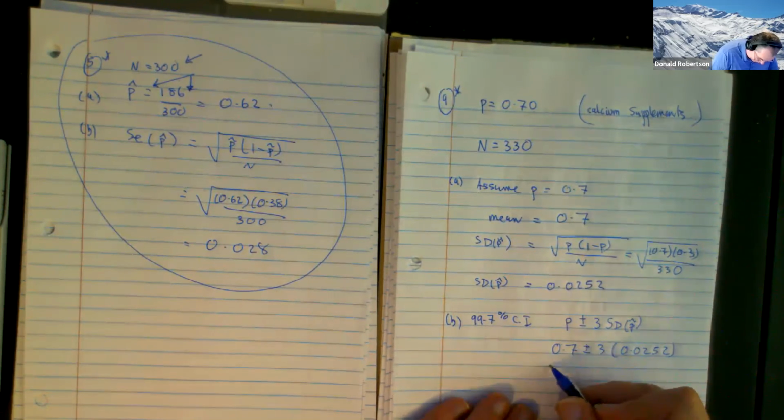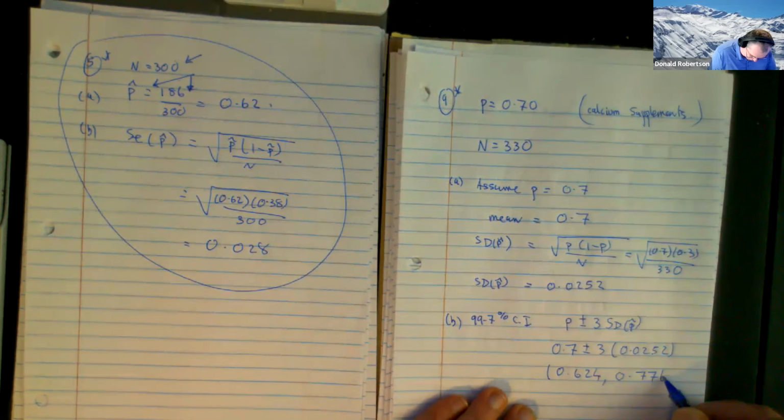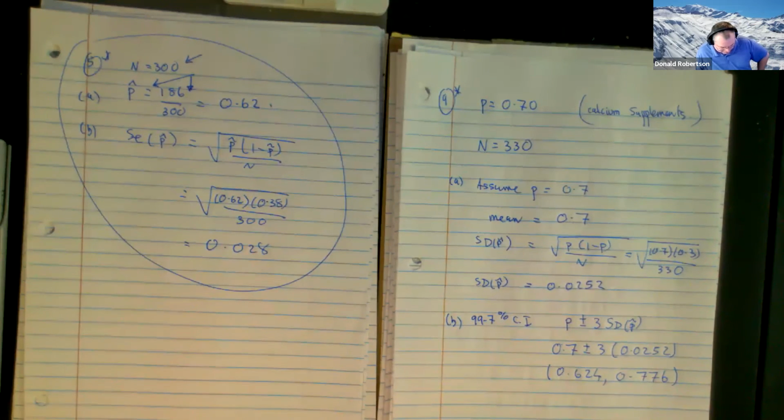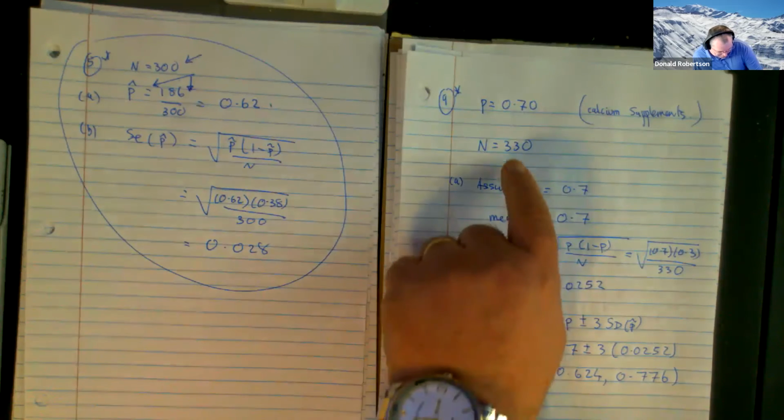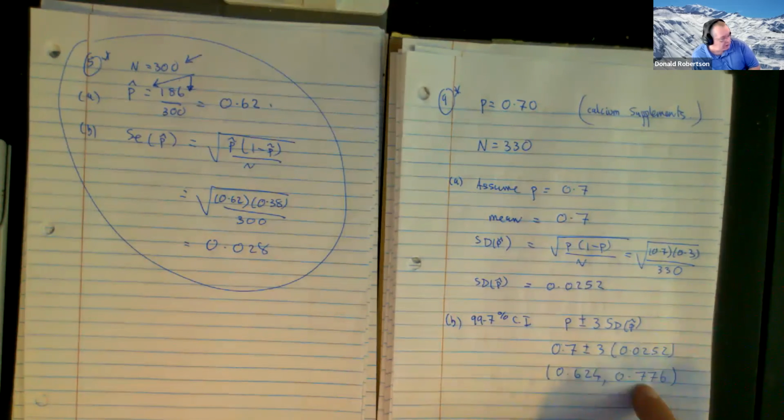To save some time, it's 0.624 when you're finished, and it's as high as 0.776. So if you gave 330 random high school teenagers calcium supplements, the percentage that had high blood pressure would range just randomly somewhere between here and here.